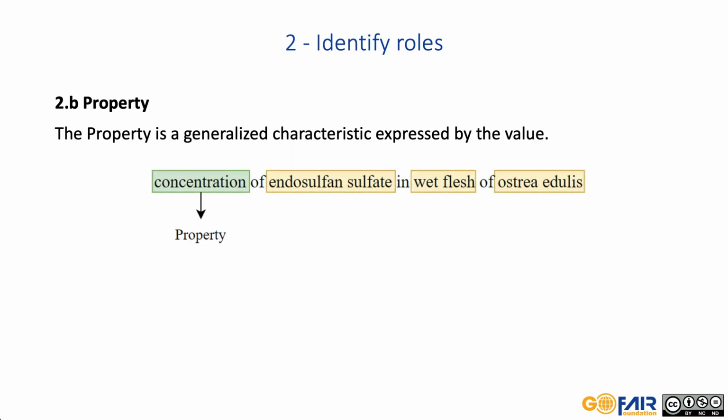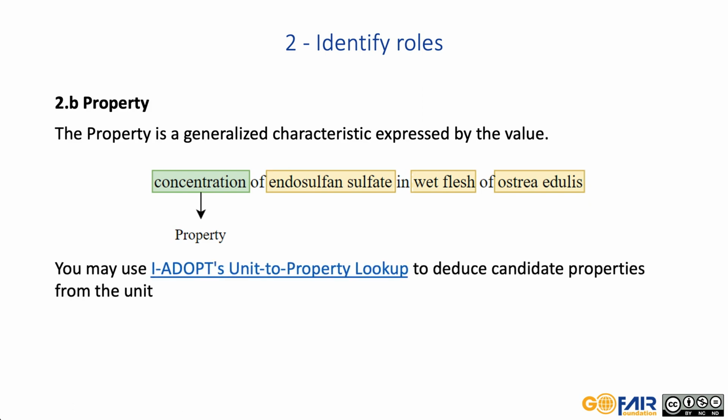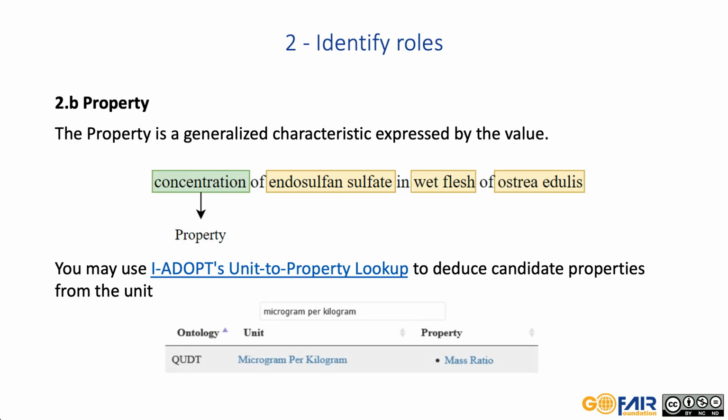If the property is not known, it may be deduced from the unit, e.g. using the iAdopt unit to property lookup, or from the vocabulary used to define possible values. In a more precise description, we would specify which concentration we are looking for. Microgram per kilogram would lead to mass ratio or mass concentration.